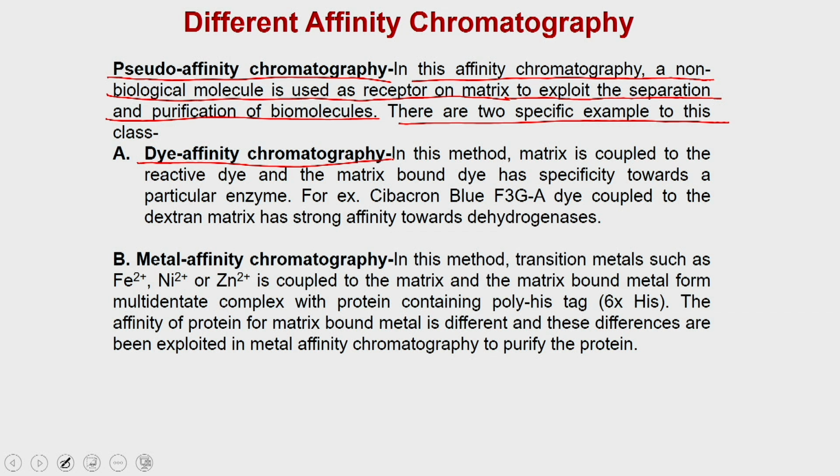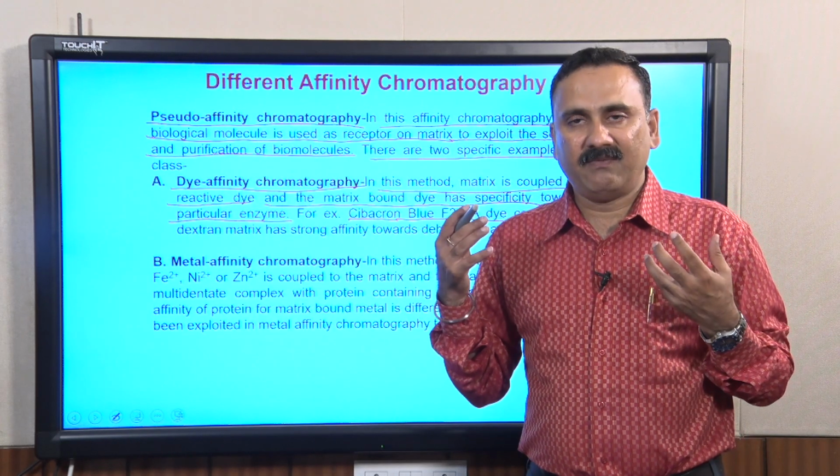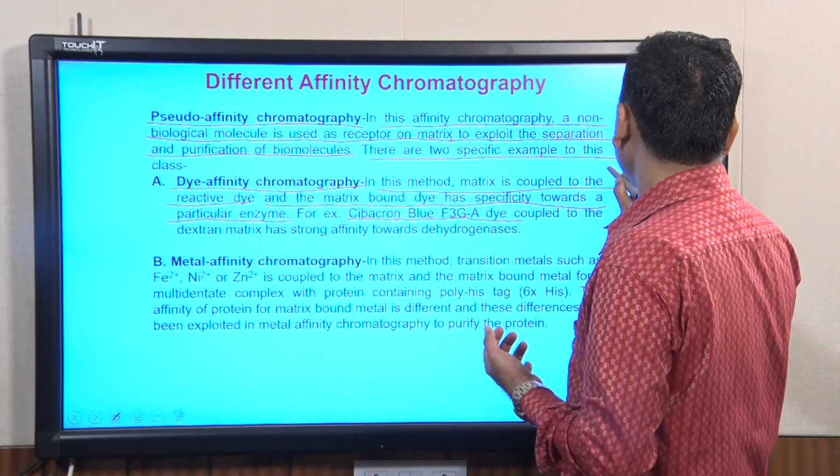In dye affinity chromatography, the matrix is coupled to a reactive dye, and the matrix bound dye has a very specific specificity towards a particular enzyme class. One classical example is Cibacron blue F3GA dye. When coupled to sepharose beads, it makes an affinity chromatography column which is called blue sepharose.